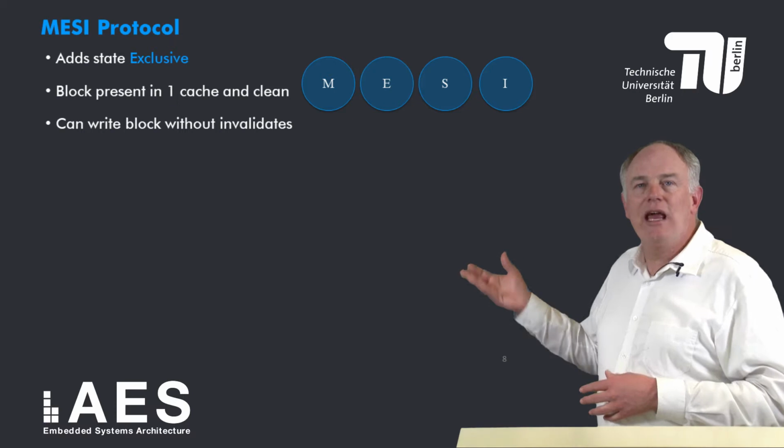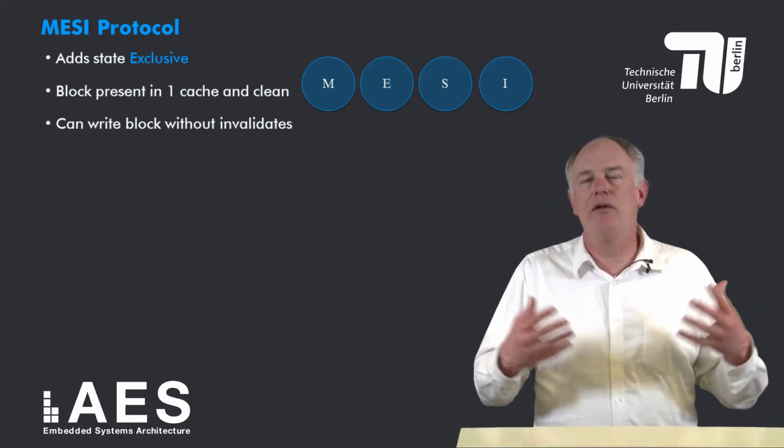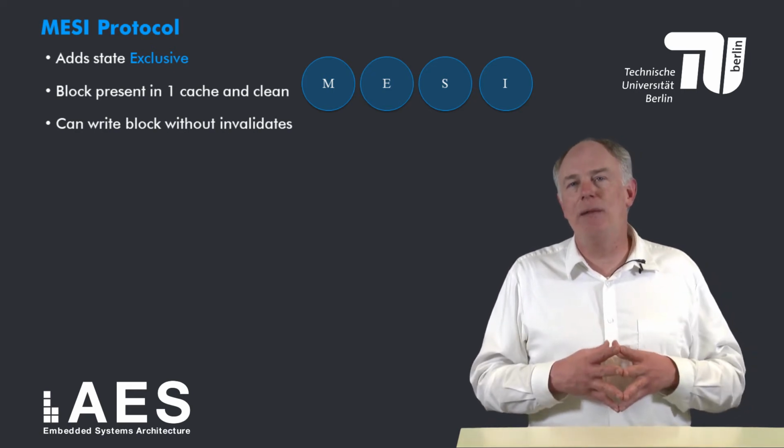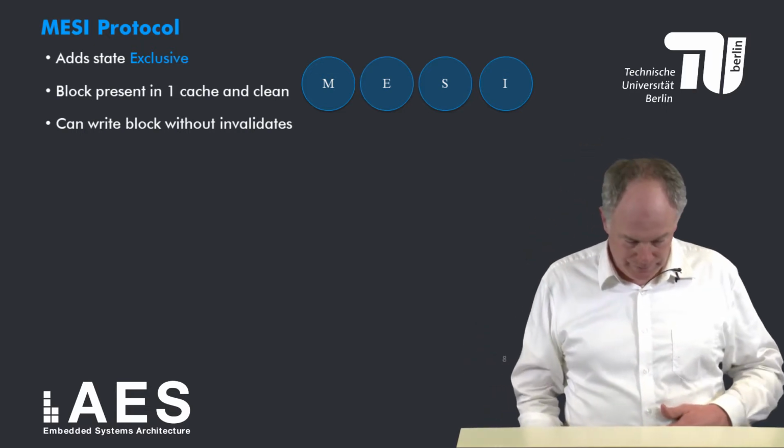I will not show the entire MESI state diagram, but only the parts that are really different from the MSI diagram. The construction of the entire MESI state diagram is a useful exercise for you.